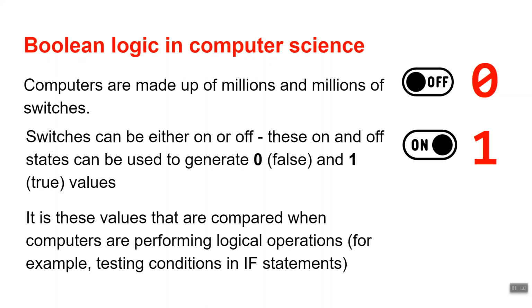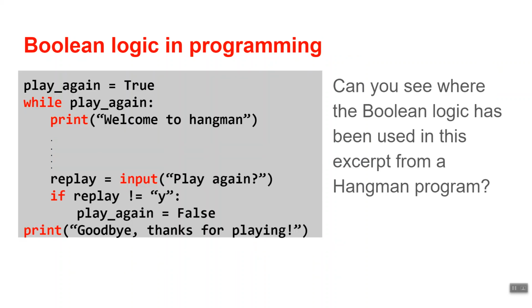So, for instance, if you're writing a Python program and you're using an if statement, you're using the principles of this logic to create that if statement and perform that test. Can you see in this extract from a hangman program where we've applied Boolean logic, just in a regular Python program?